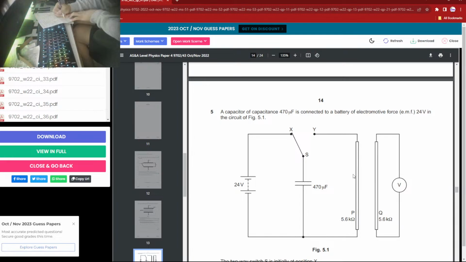I equals V over R, which equals 24 over 5.6 times 10 to the power of 3. Since it's kilo ohms, 24 over 5.6 times 10 to the power of 3. You get 4.3 times 10 to the power of negative 3 amps.